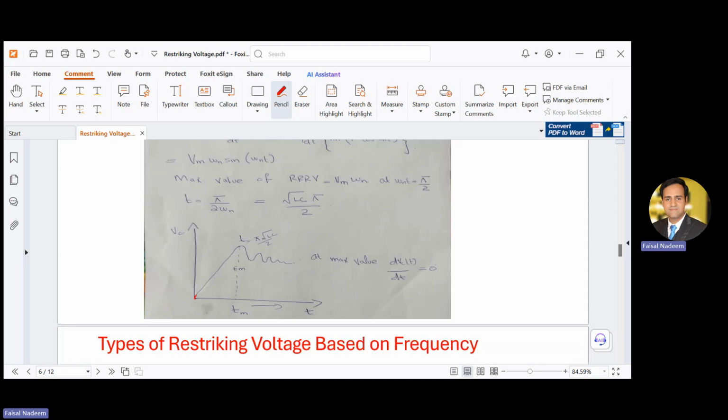The rate at which this restriking voltage climbs up to its maximum value is known as RRRV, the rate of rise of restriking voltage. This rate is very important because if it is low, the circuit breaker has more time to gain its dielectric strength.